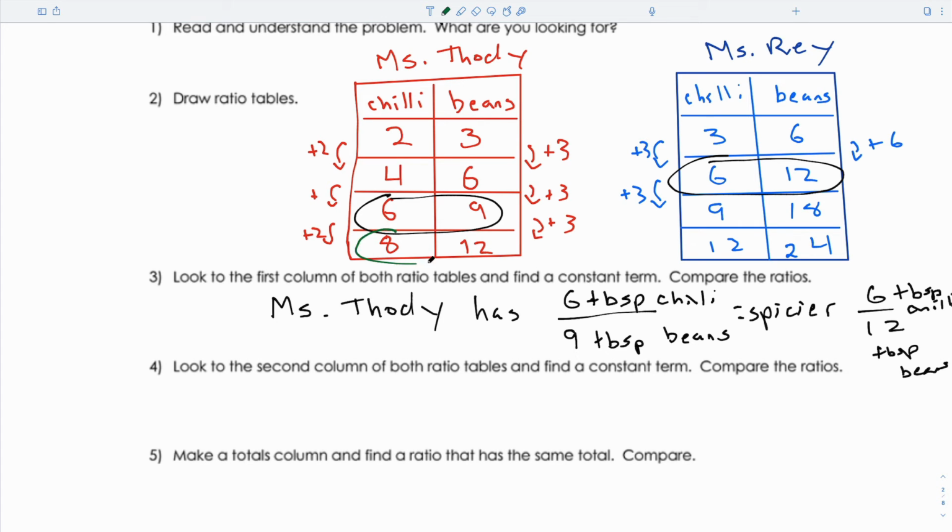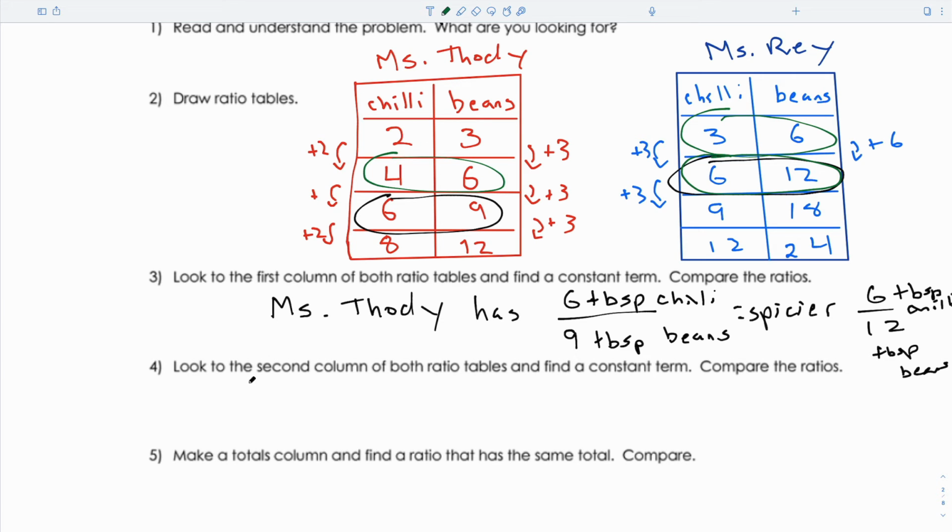And I see when Mrs. Toady has 12, there's another 12 over here. Miss Ray has 12 over here. We could actually use the 6 too. 6 and 6. Let's go ahead and use the 6. The 6 is a little smaller. So when Mrs. Toady has 6 tablespoons of beans, Miss Ray has 6 over here. So I'm going to compare when she has 6 tablespoons of beans each, how much chili powder does she use?